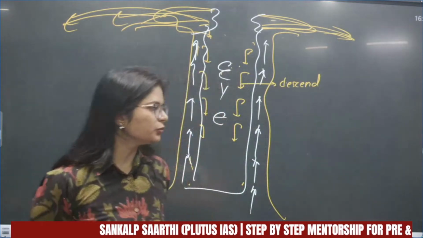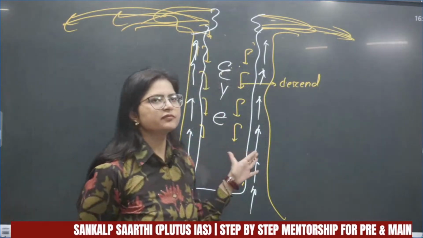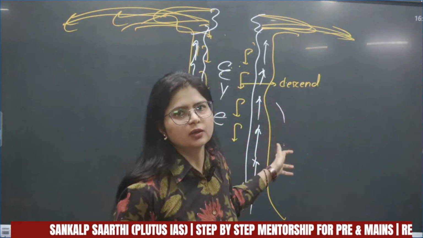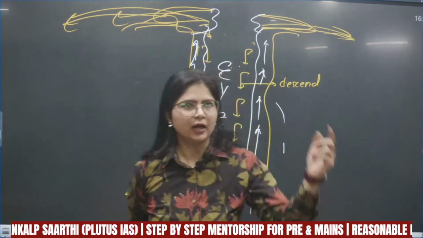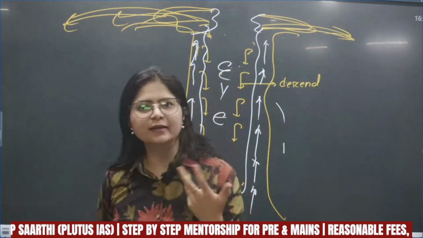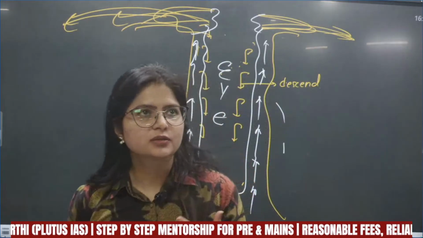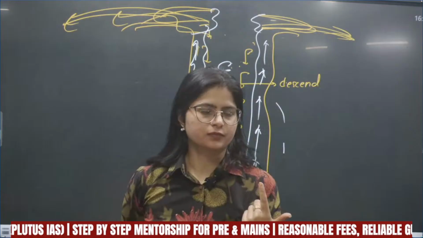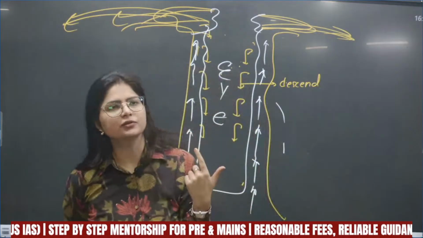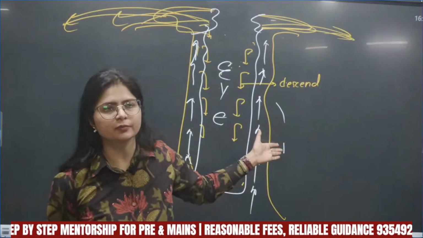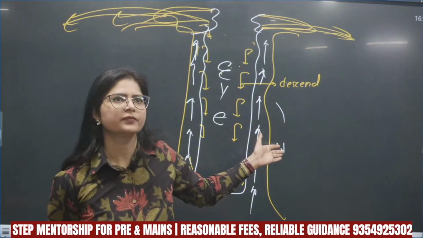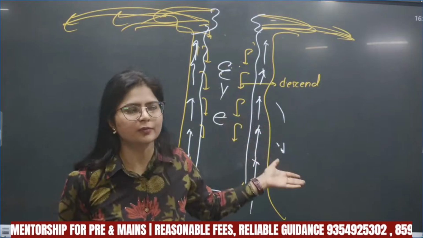As I told you, you will never find tropical cyclones forming between 5 degrees north and 5 degrees south. Why not? Because there is no Coriolis force. To rotate the winds and cyclones, you need Coriolis force, but those prerequisites are not present there, so there will be no formation of cyclones.